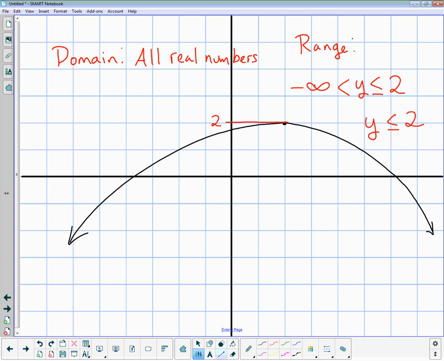There's a special symbol that you need to know for all real numbers, and it's a fancy looking R. You start with a double bar and then you turn it into an R. That says everything, all real numbers, because x's are unbounded. They can go forever in both directions. Make sense? What about the rest of us? Yes? We cool?